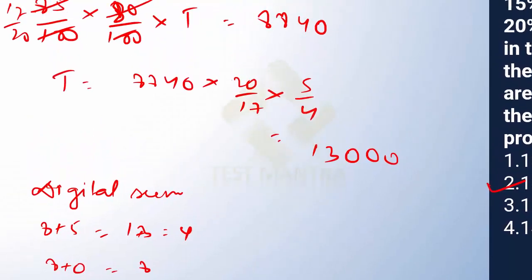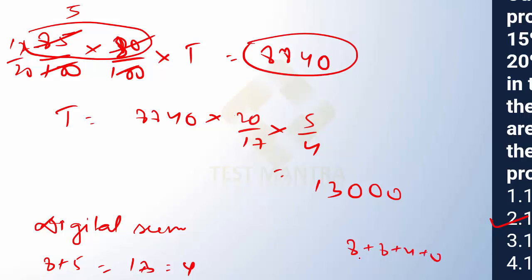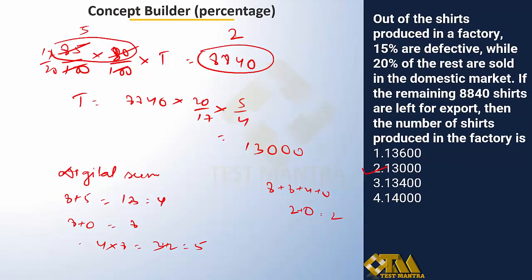So till this I have the digital sum as 5 here, and the digital sum on this part is 8 plus 8 plus 4 plus 0. It's nothing but 20, that means 2, right? So I want to multiply 5 with something, so that digital sum should be nothing but 2.